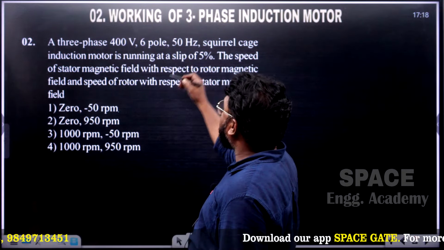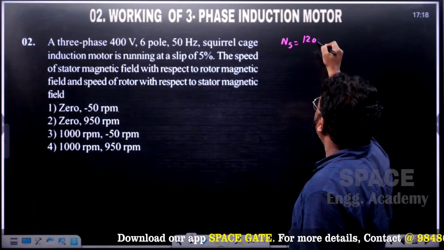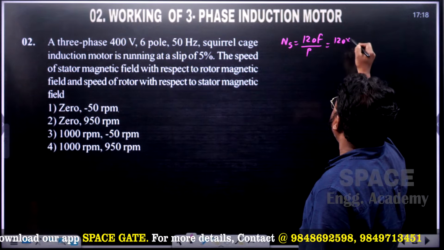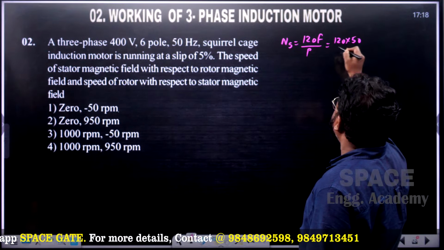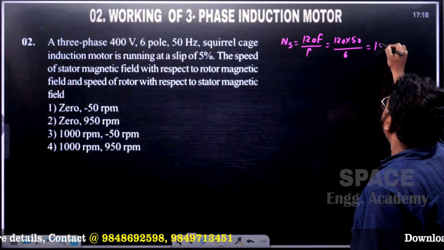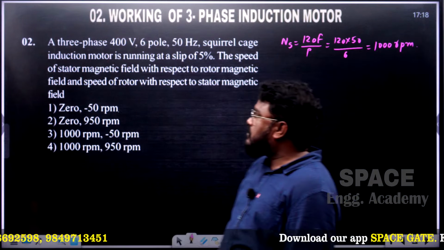First, let us calculate the synchronous speed. Ns is equal to 120 f by P. So 120 times 50 hertz, number of poles is equal to 6, so this value is equal to 1000 rpm. Synchronous speed is equal to 1000.